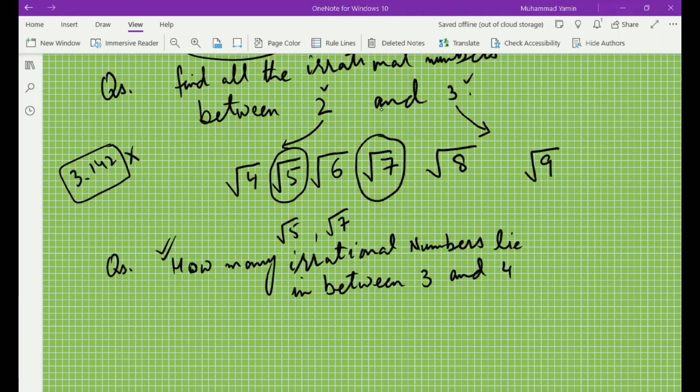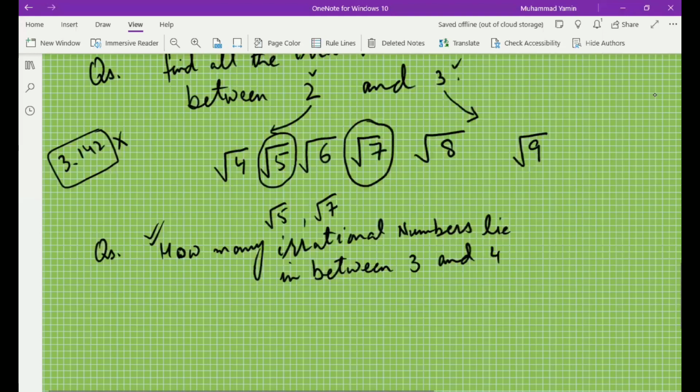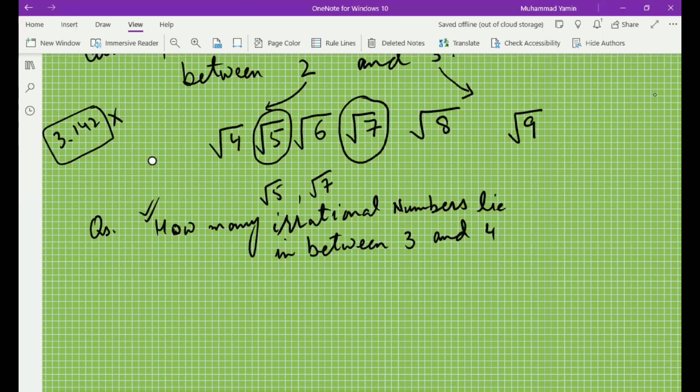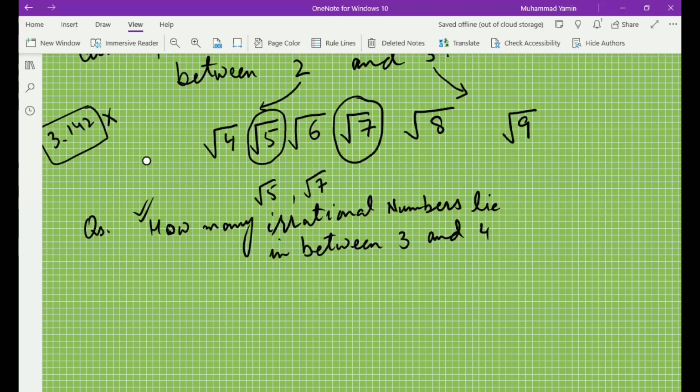And how will that be done? Just see. Again, take the same process that I gave you instruction on in the beginning: write down the square rooted value of the boundary numbers. It will be root 9 and root 16.